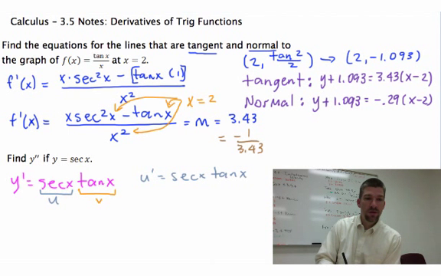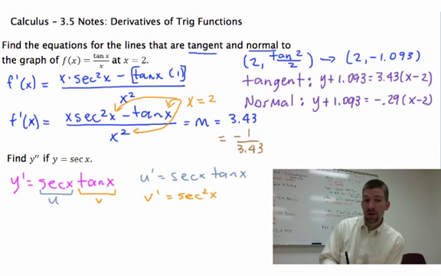And we need the derivative of v. So when you look at the tangent, the derivative of the tangent is secant squared x. So we're going to go with the first times the derivative of the second. So we're going to have secant x, and this is going to be y double prime here.